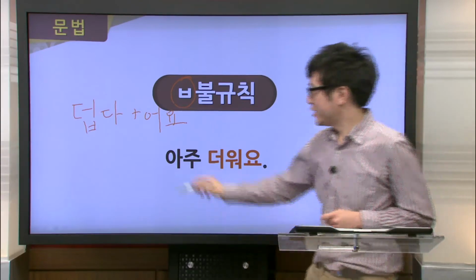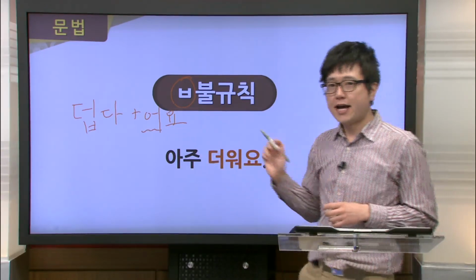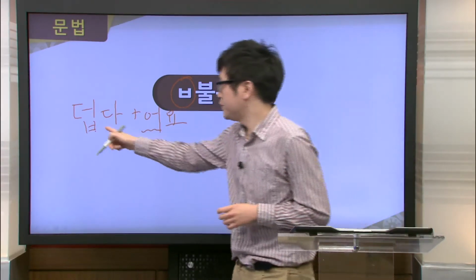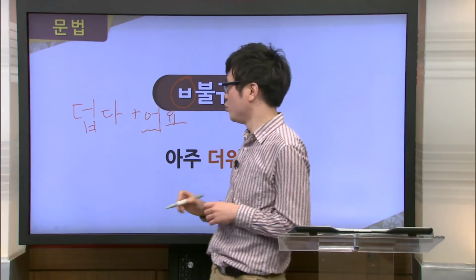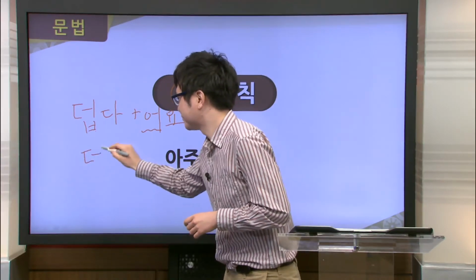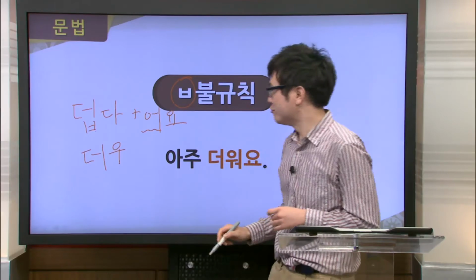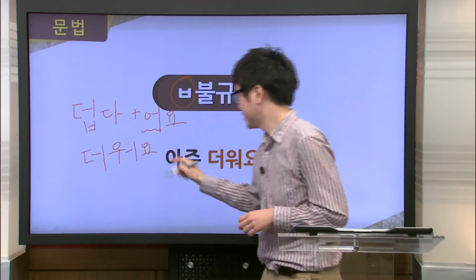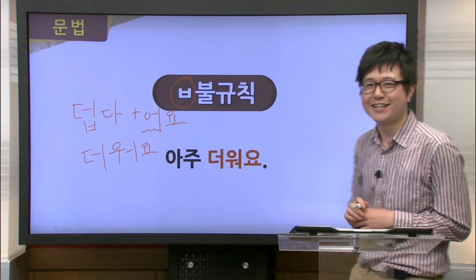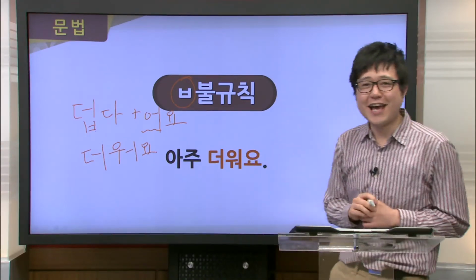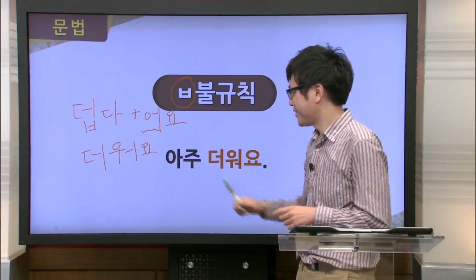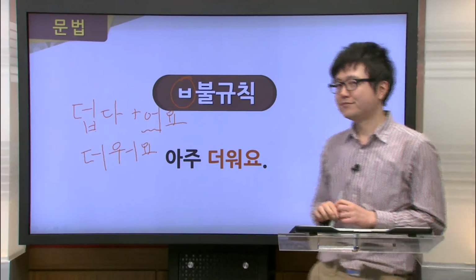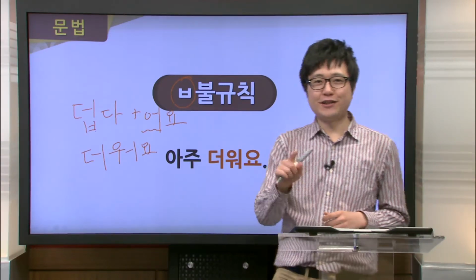Now, you can see here, we have an 어 here, and when this ㅂ here is followed by the 어, this ㅂ actually changes to an 우. So we get 더우, and then combine it with the 어요 here to get our 더워요, like you see here. Now let's go ahead and read this sentence together. We have 아주 더워요. Great. Now let's go ahead and take a look at the next sentence.